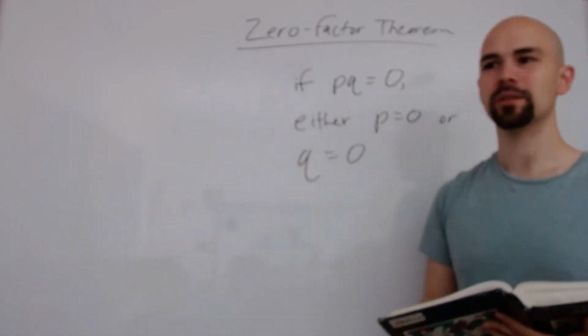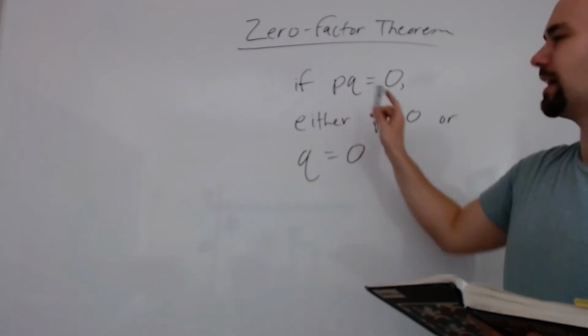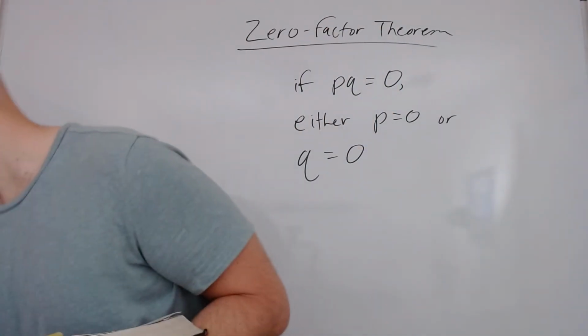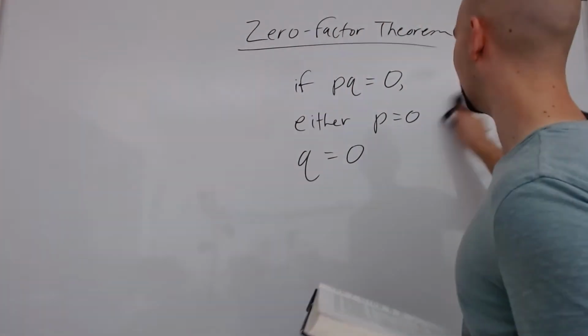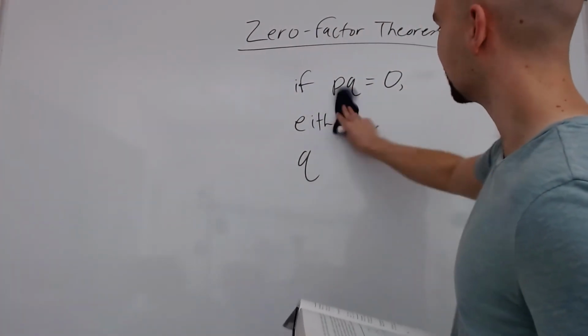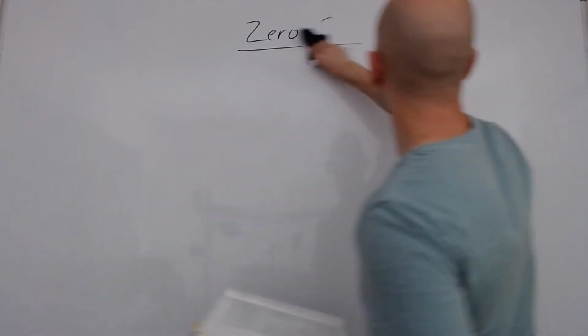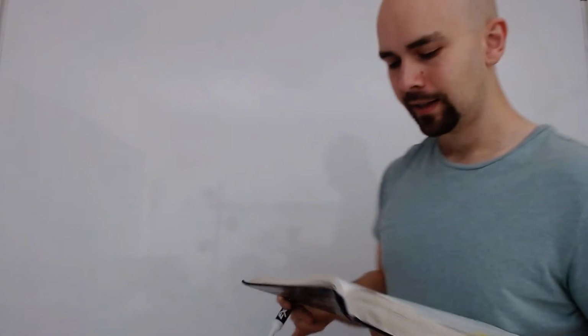Because anything times 0 is 0, so if these 2 factors multiplied by each other are 0, then one or the other is going to be 0. Technically, both could be, I guess. So setting things in standard form allows us to use that zero factor theorem.